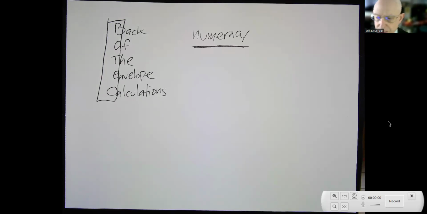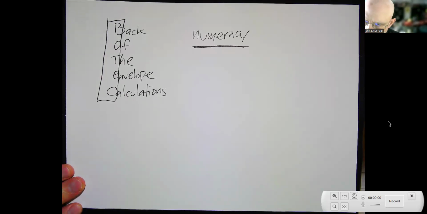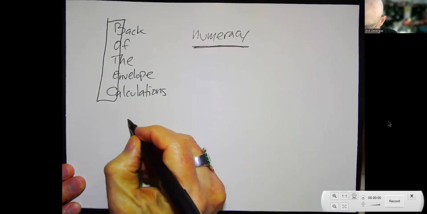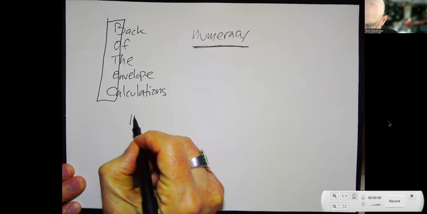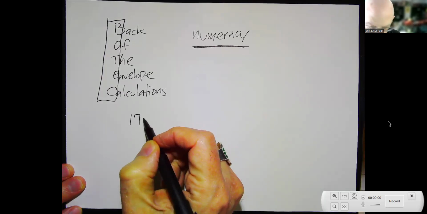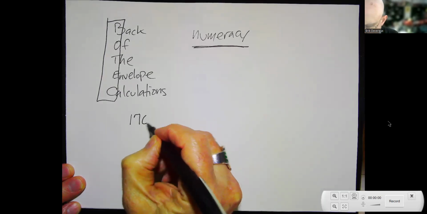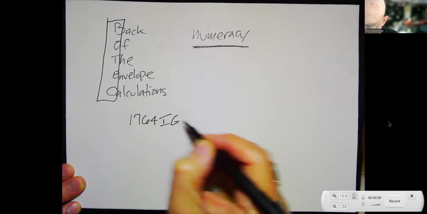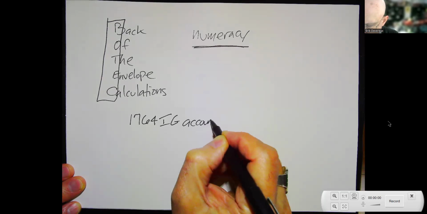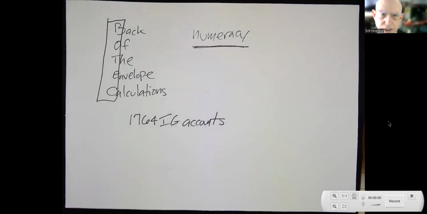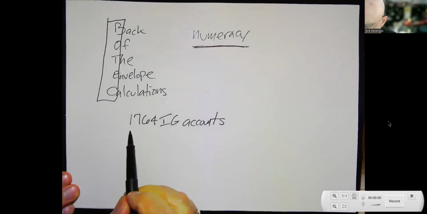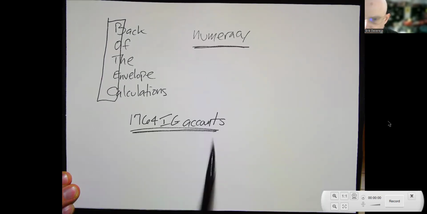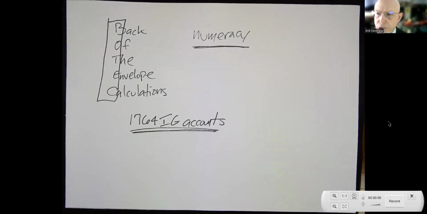So I know people who claim that they are actively subscribed to or otherwise engaged in 1,764 Instagram accounts, that they are following, for example, 1,764 Instagram accounts. You see numbers like this all the time when you look at Instagram accounts. How many people are you following? I'm following 1,764. Isn't that great?